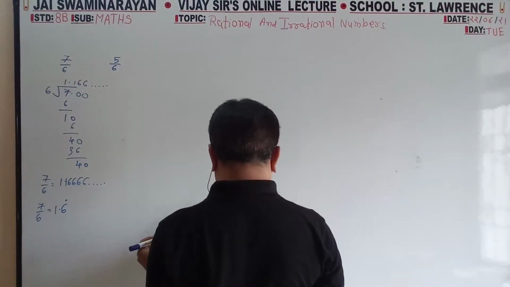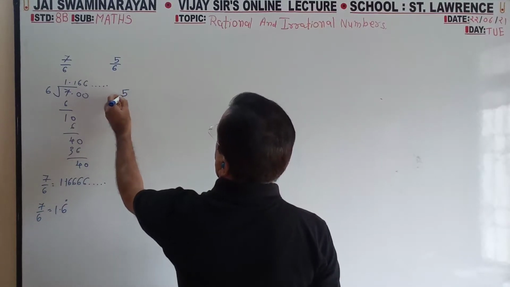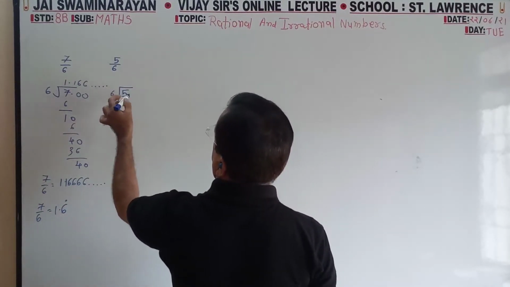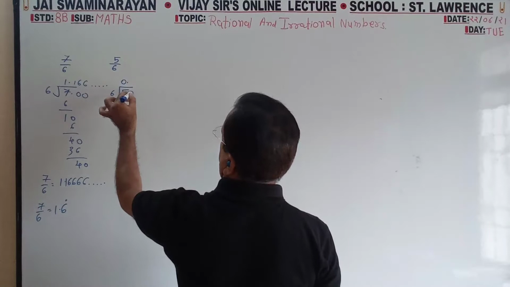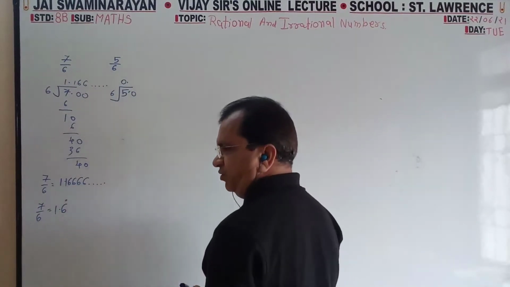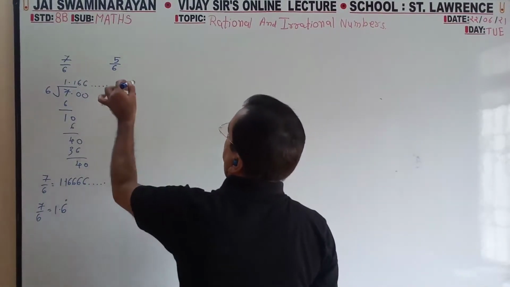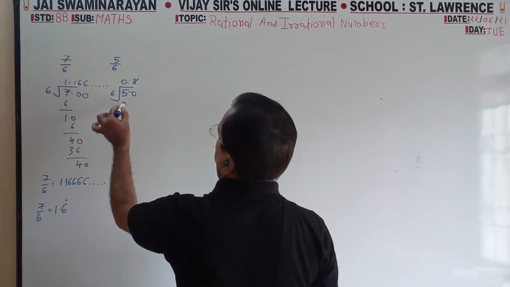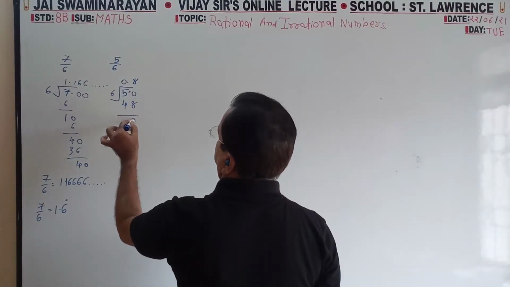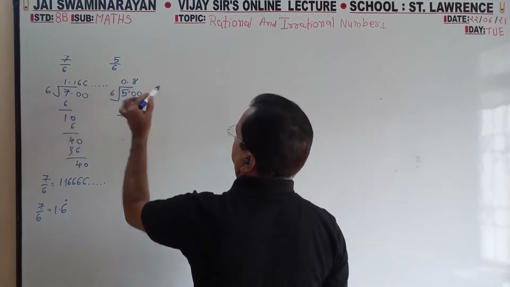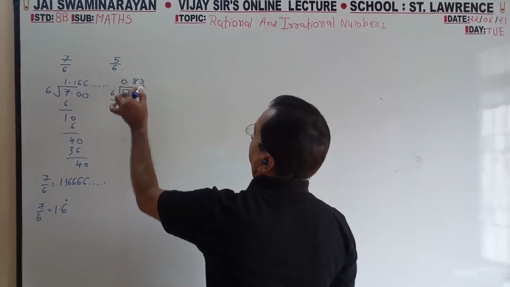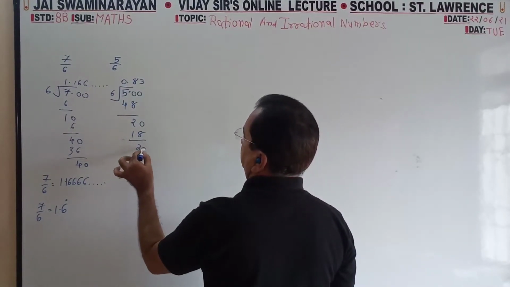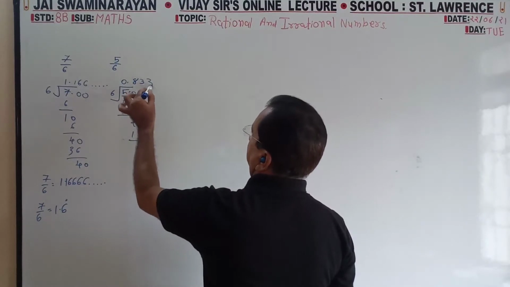Now 5 by 6. Division is not possible, so take 0. 6 eights are 48, 2 remain. 0. 6 threes are 18, 2. Again 6 threes are 18.